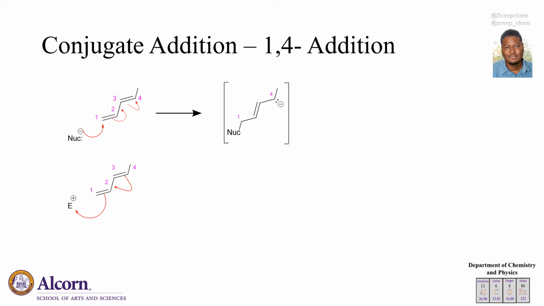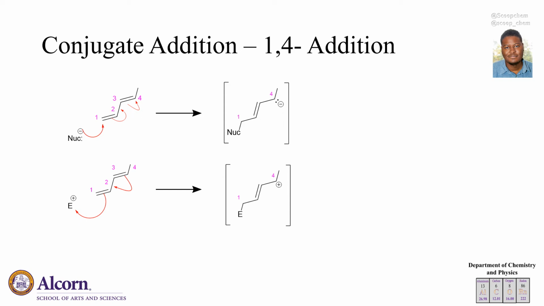E plus refers to an electrophile that needs electrons. So now the electrons in the pi bond between atoms 4 and 3 move down to atoms 3 and 2, and the pi electrons between atoms 1 and 2 make a bond with the electrophile. That leads to this new system that has a new bond between the electrophile and carbon 1, and carbon 4 now has a carbocation.